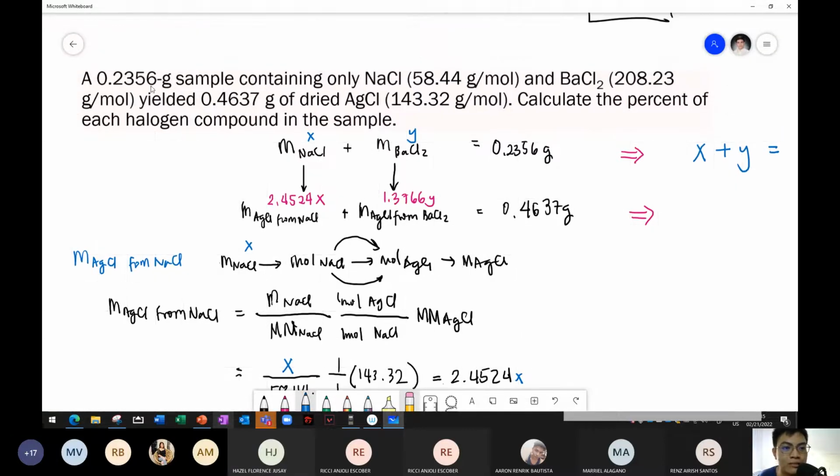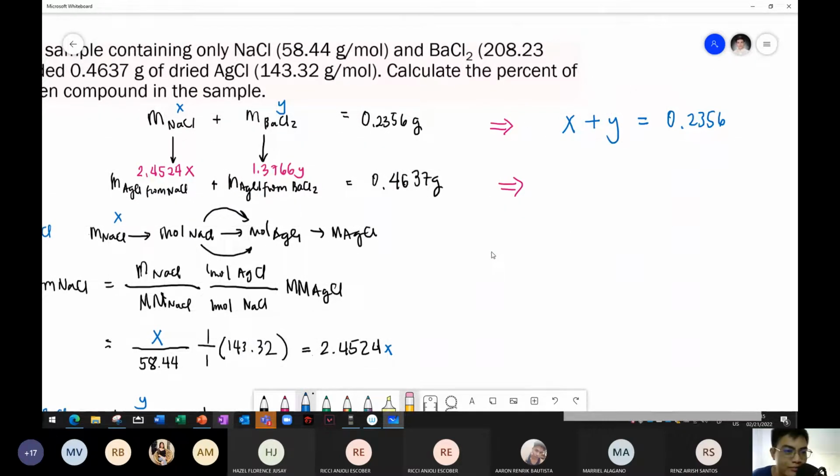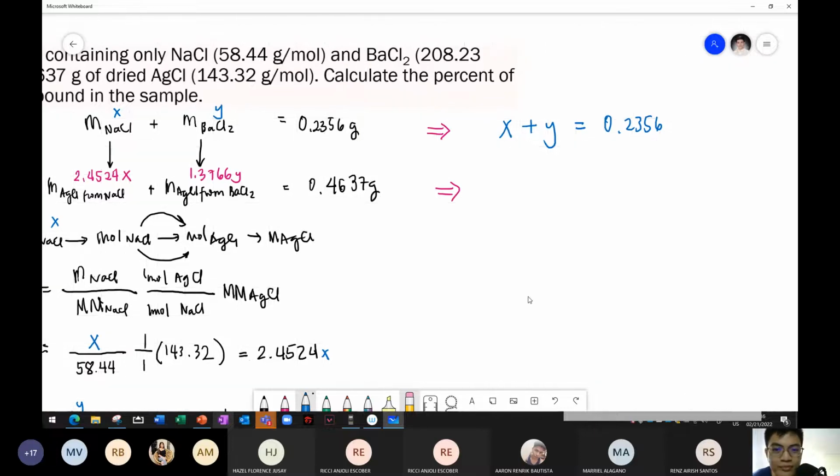Okay? Tas ngayon, ang mass ng AgCl from sodium chloride and yung mass ng AgCl from barium chloride, pag pinag-add mo daw yan, ito yung mass. Okay? So, sulat din natin. By the way, medyo lalakihan ko yung sulat ko dito.